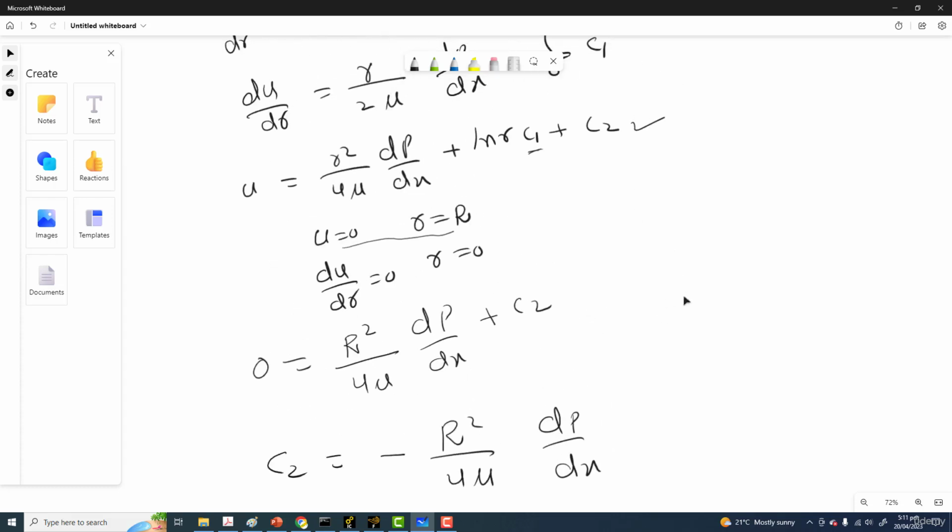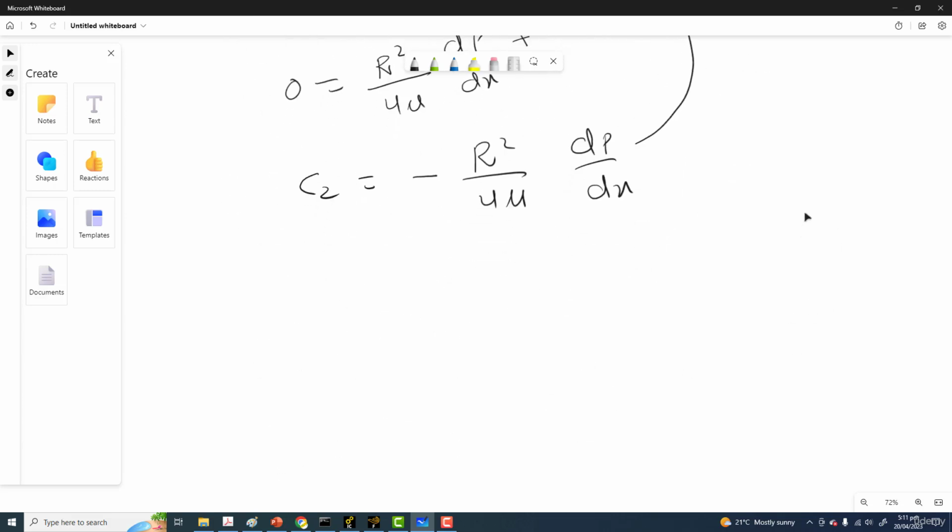C1 is equal to 0, which we got from the very first equation.